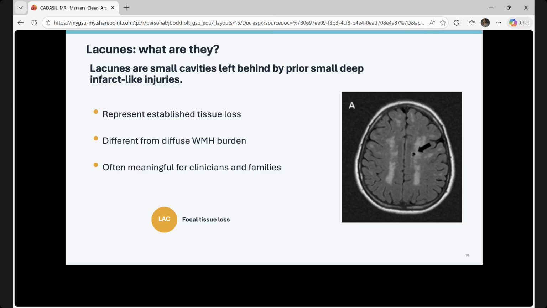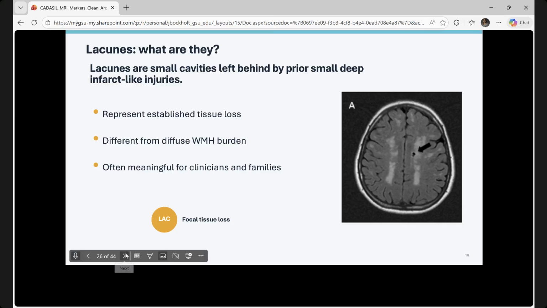So you could see here on this FLAIR image that where the arrow's drawn, first off, you can see a rather large amount of white matter lesions on both sides. And then this location right here is a lacune.